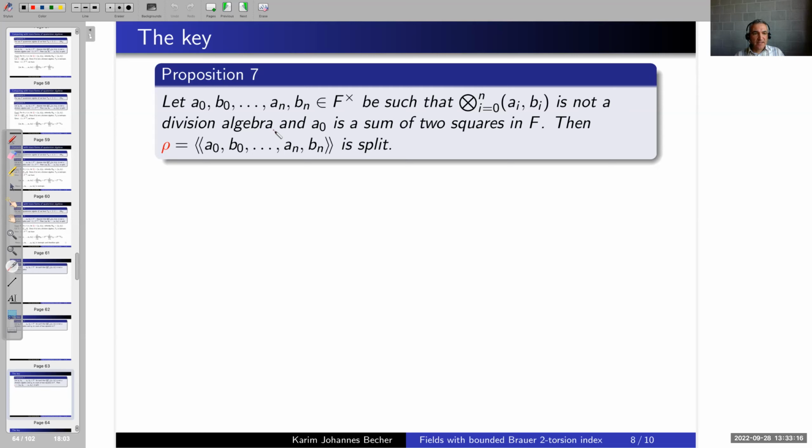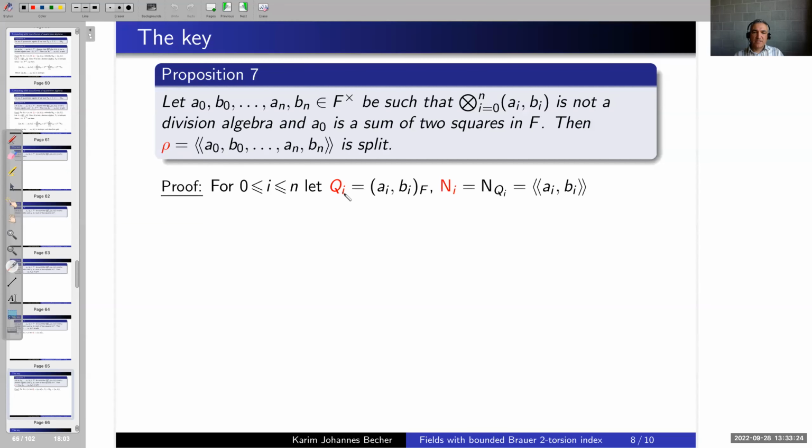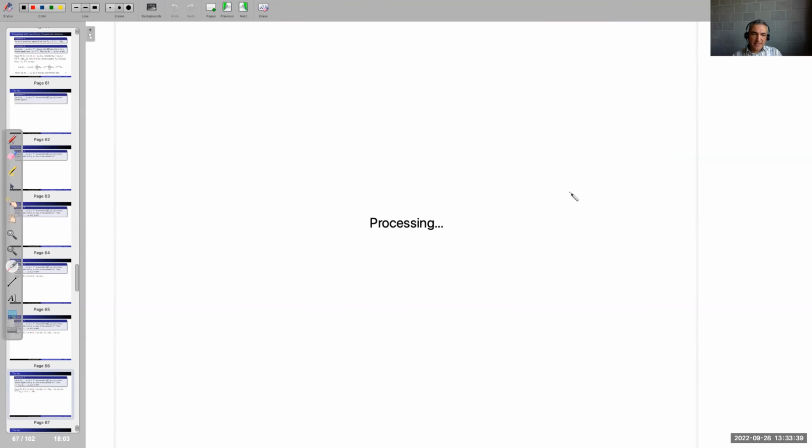We will start by looking at these quaternion algebras here, which I abbreviate by QI. Their norm forms, I will abbreviate by NI. And remember that the norm form NI will be AIBI. Now, the trace form, I will denote by TI.